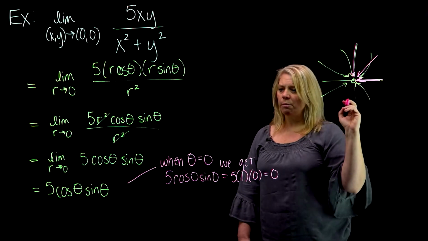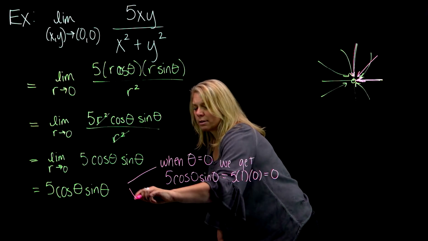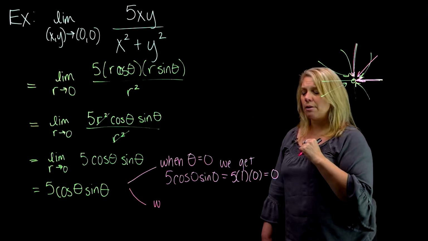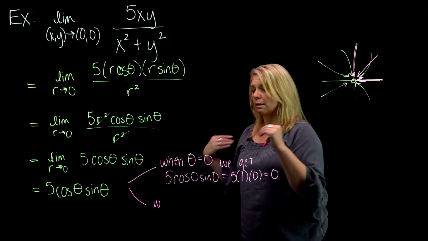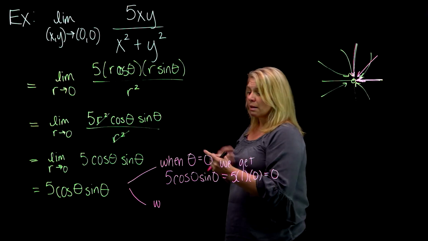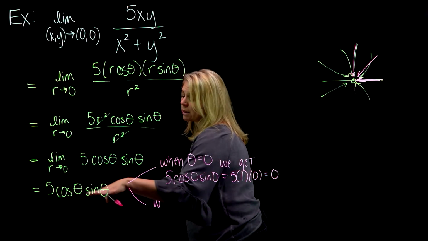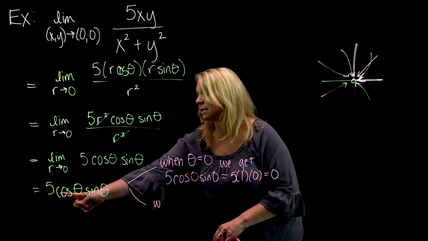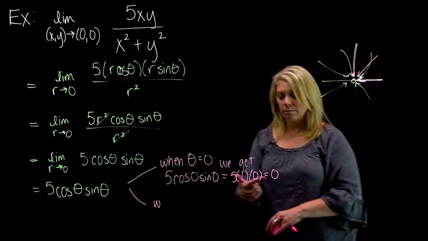But you might remember from looking at the 3D graph, we'll go back over to that in a little bit, that there were some ridges where the z values appeared to not be approaching 0. And in fact, there are many other theta values that when I plug them in here, you should be able to think about lots of different theta values that will make this expression not be 0.